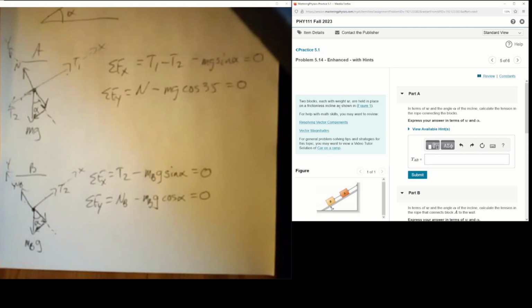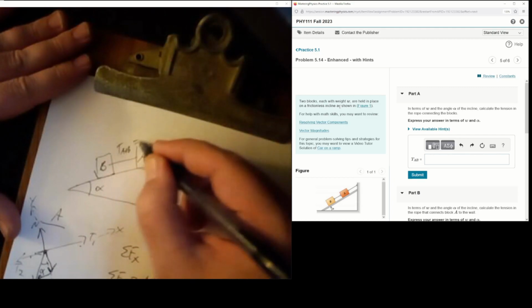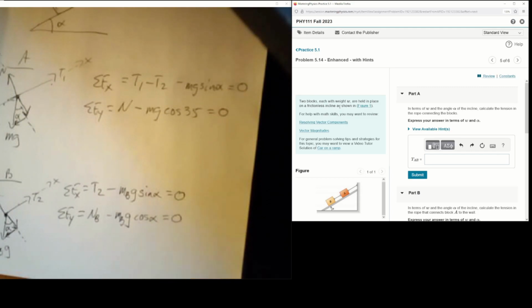So they want us to find TAB. So they're calling TAB this tension right here, which is what I'm calling tension 2. It's connecting these two here. That's what they're looking for. I'm calling that tension 2. And we have these 4 equations.